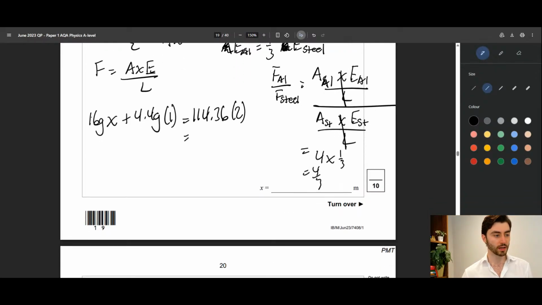And so this thing times 2, and then we subtract 4.4g. So 16gx is equal to 185.55. Let's divide this thing by 16g, and we get that x is equal to 1.18 meters.